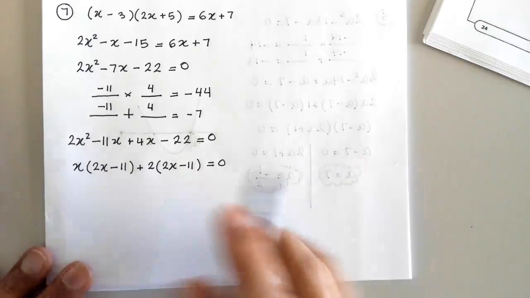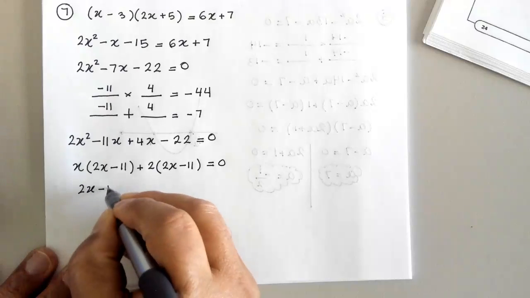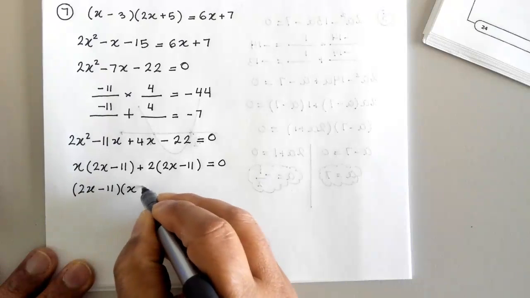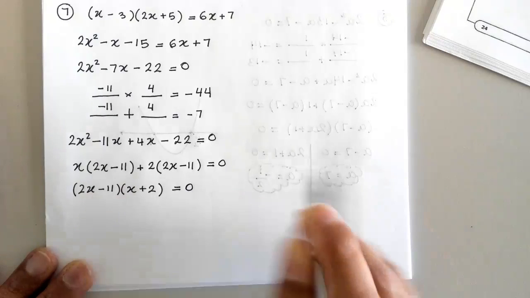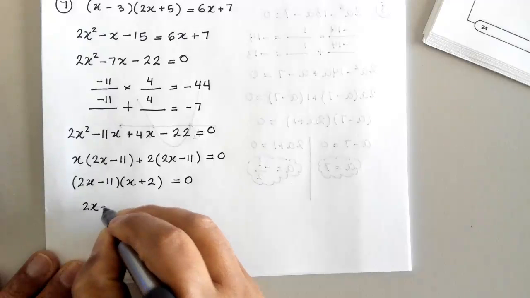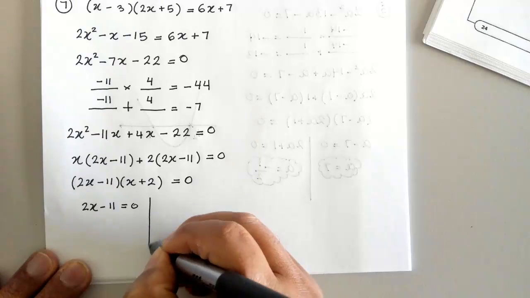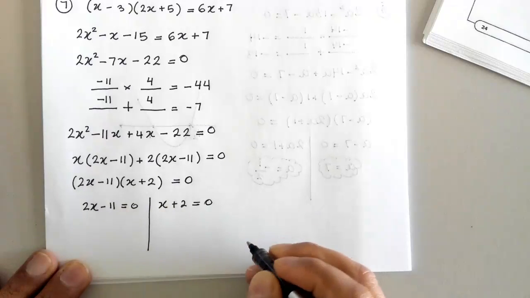Okay, and then we do 2x minus 11 bracket x plus 2 bracket equal 0, and then we say 2x minus 11 equal 0, and then x plus 2 equal 0.